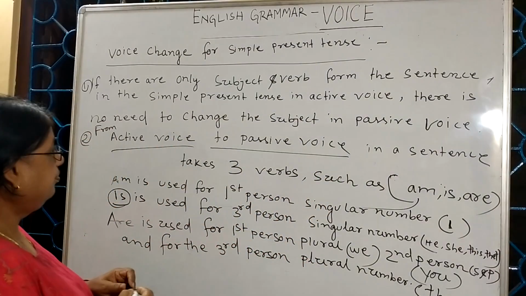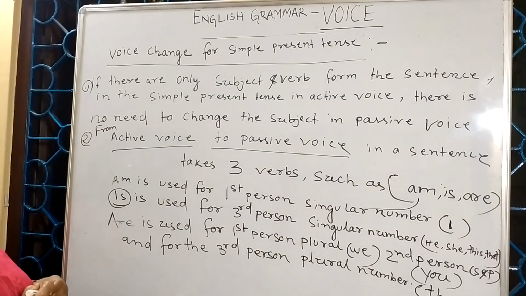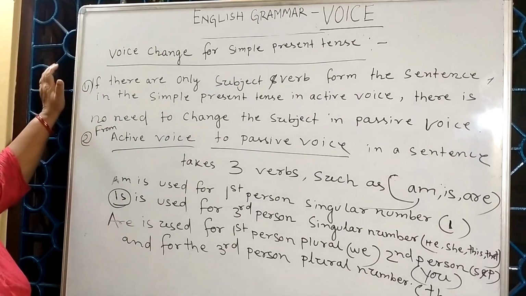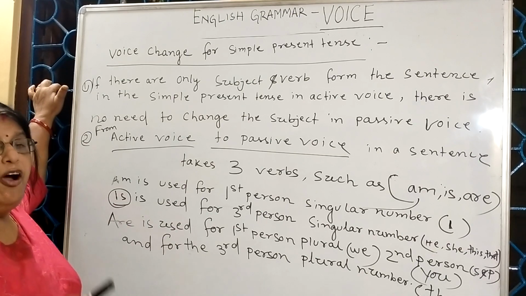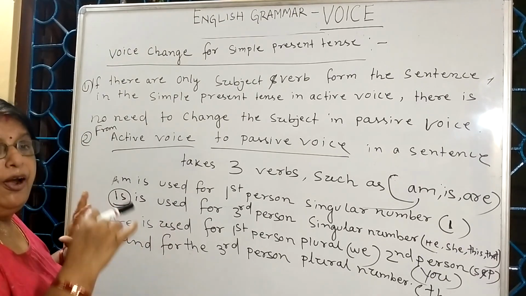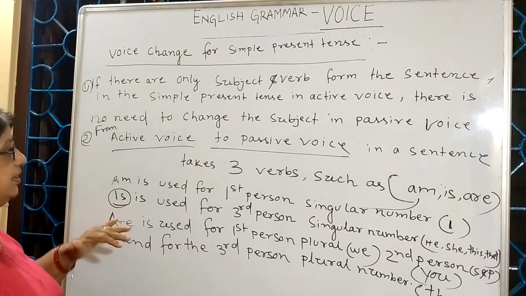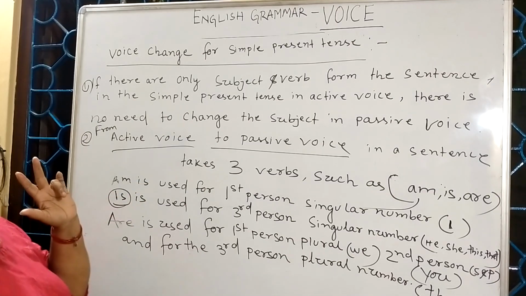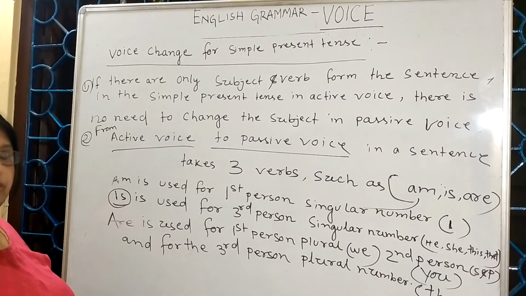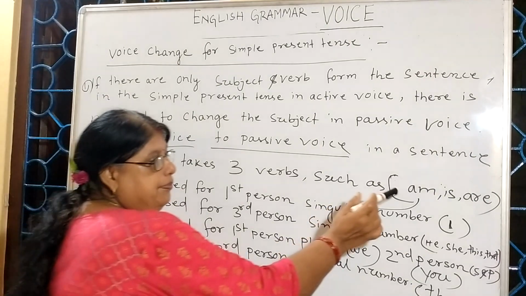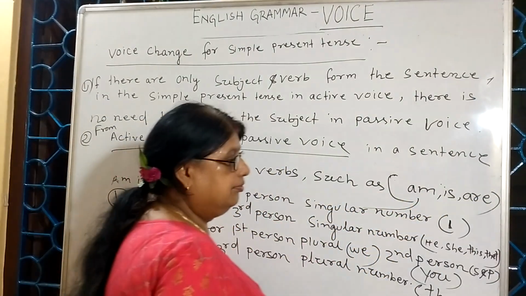So when in a simple present tense the voice change takes place from active voice to passive voice, three verbs are required: am, is, are.